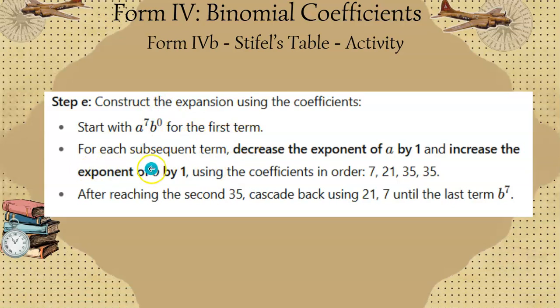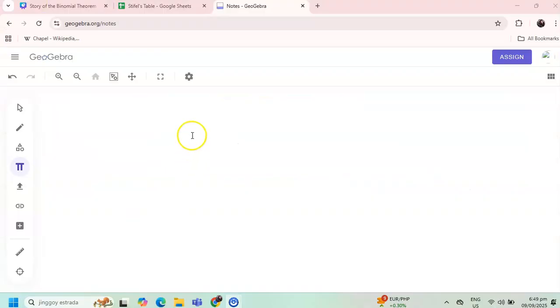And then for each subsequent term, we decrease the exponent of a by 1 and increase the exponent of b by 1. And then we're going to use the coefficients in order: 7, 21, 35, 35. And after reaching the second 35, we cascade back using 21, 7 until the last term b to the 7. Okay, I'm going to demonstrate this one now.